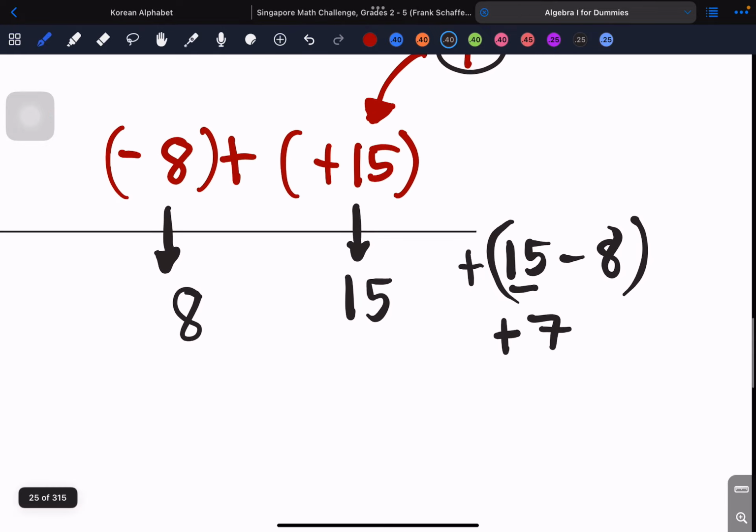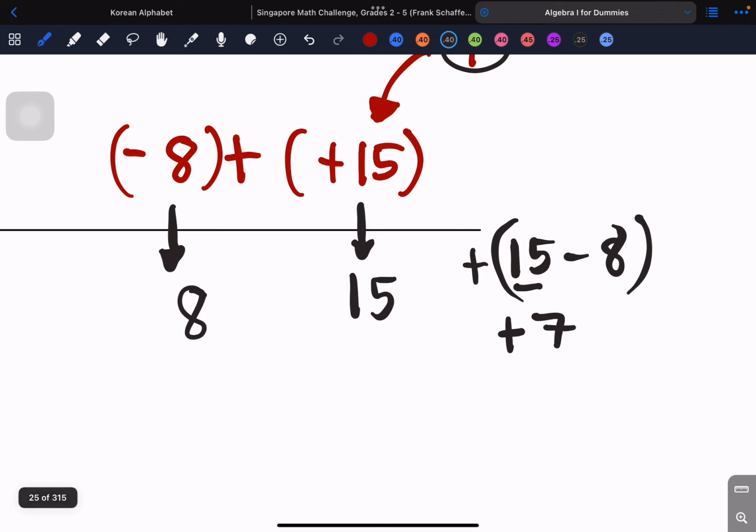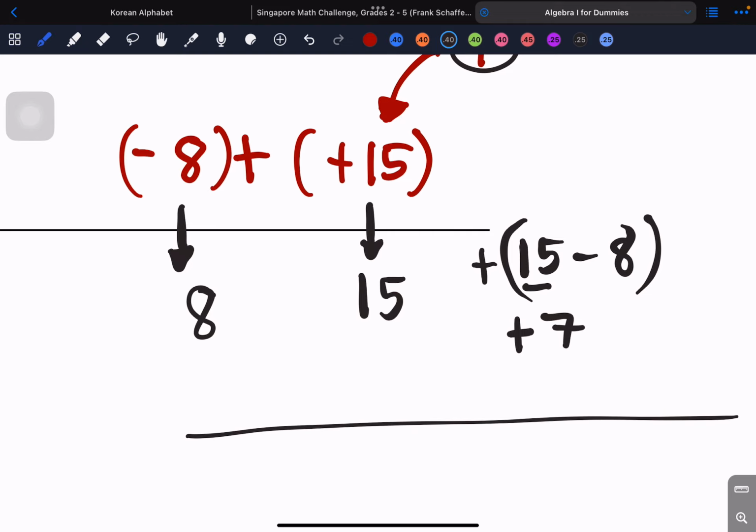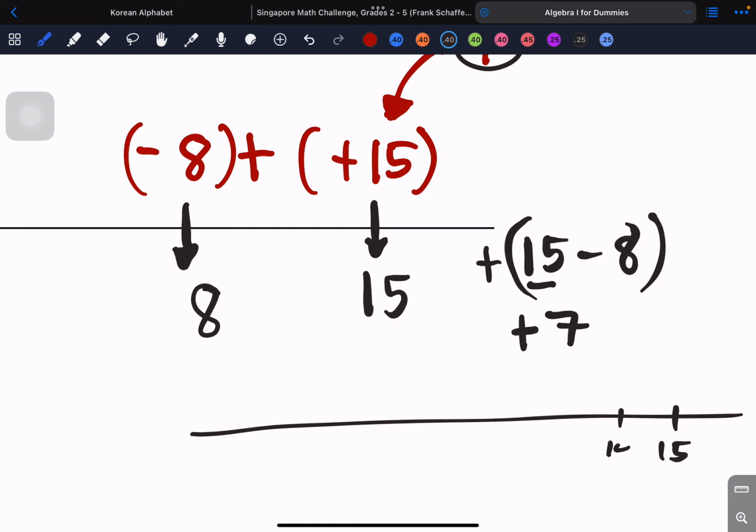How can we make sense of that? Let's say, meron tayong number 1. Tapos, yung dito si 15. Ang ibig sabihin lang niya, magmo-move from 15, magmo-move tayo ng 8 units to the left.